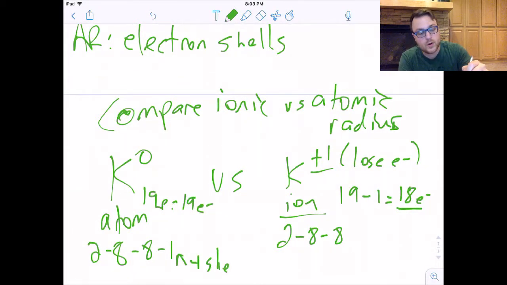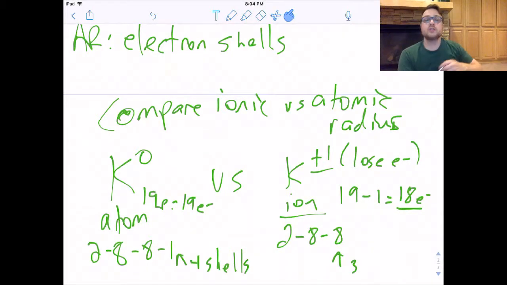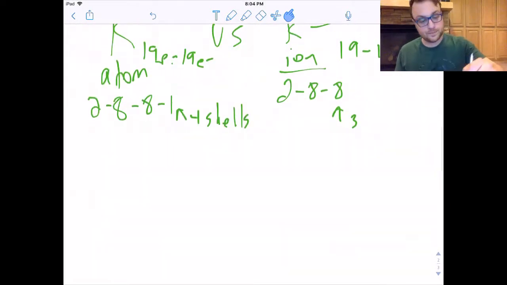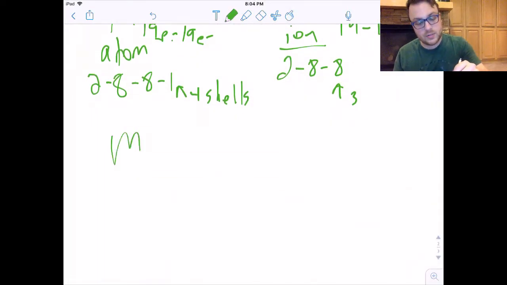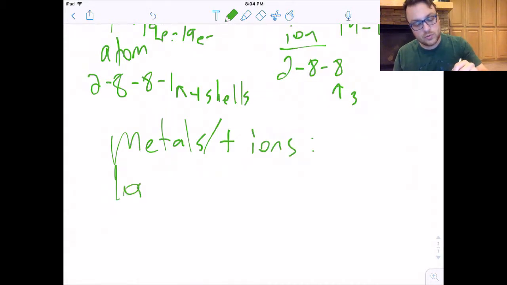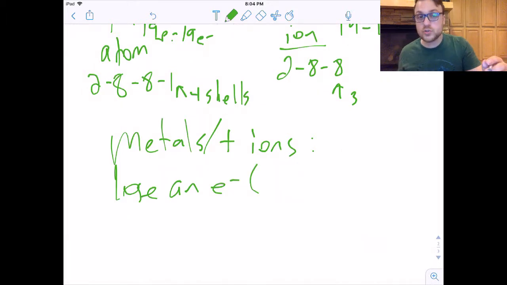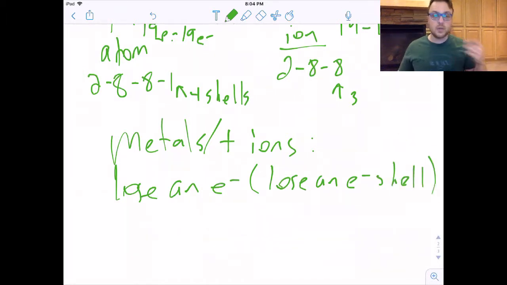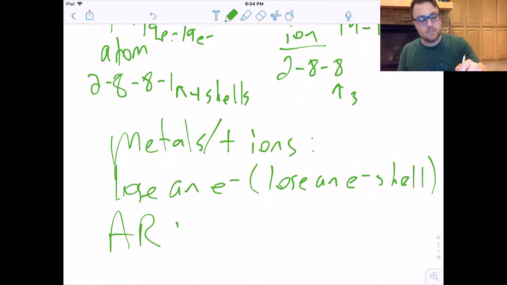So, generally speaking, for your metals, positive ions, you lose an electron, and usually that also means you lose an electron shell. And since you've lost that, the atomic radius is always bigger than the ionic radius.